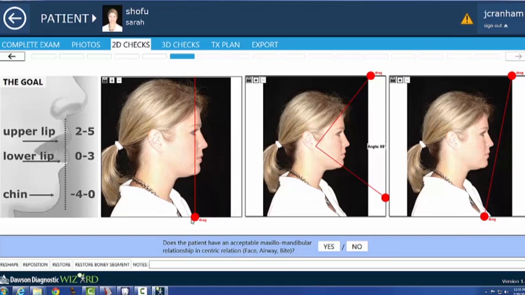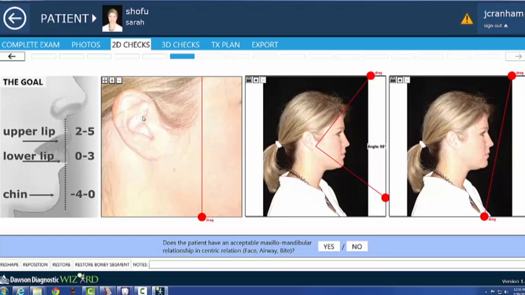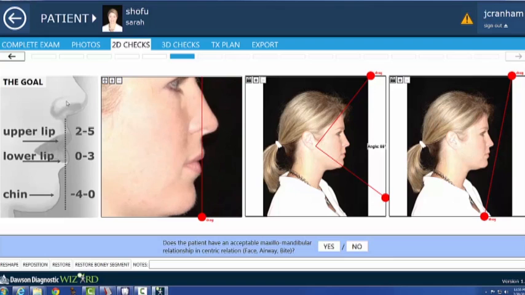Now the first thing we're going to look at is our true vertical line. Let's get this in a little closer, a lot like what we see in our example here.